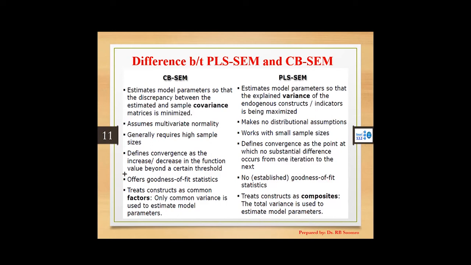CB-SEM offers several goodness of fit indices, but PLS-SEM does not. PLS-SEM treats a construct as a composite, while CB-SEM treats it as a common factor. So these are some important factors, and considering them, you can choose your approach.